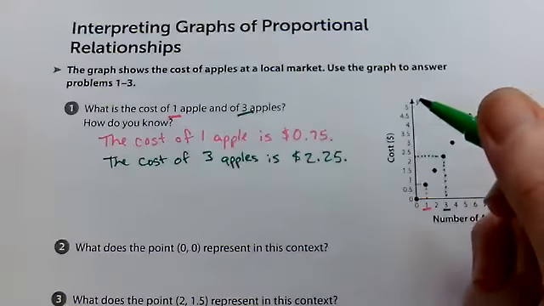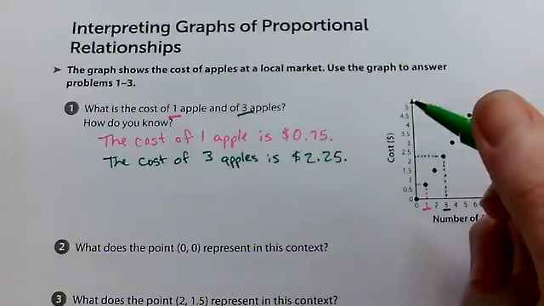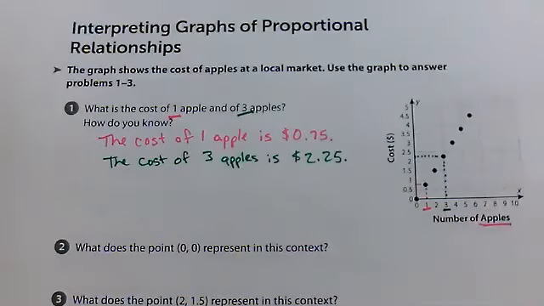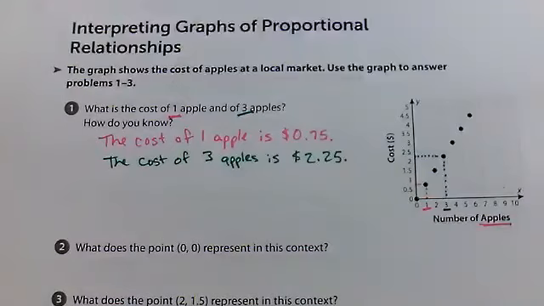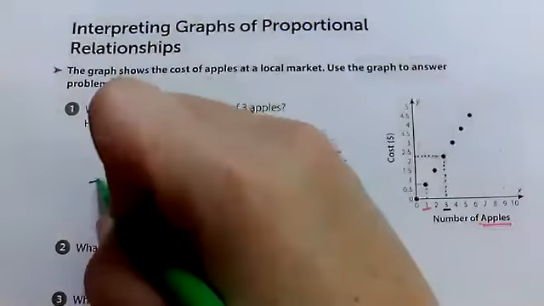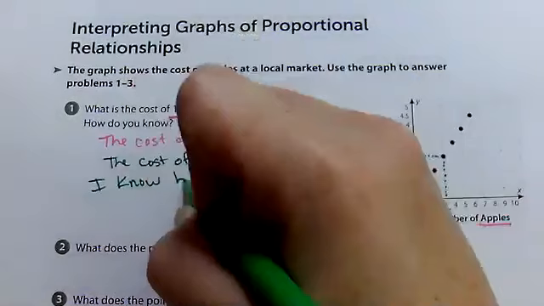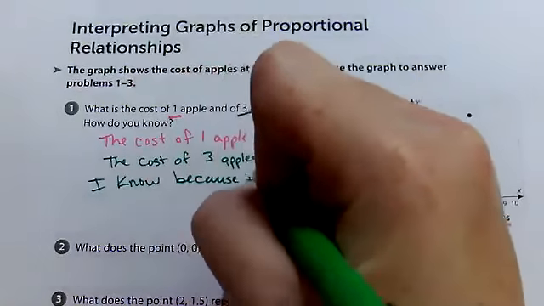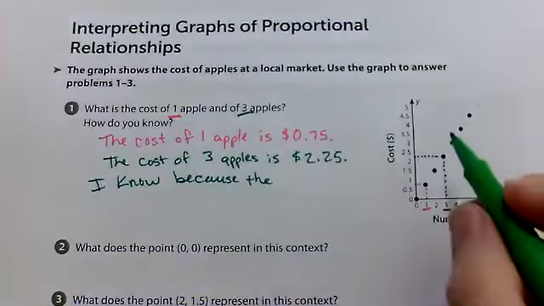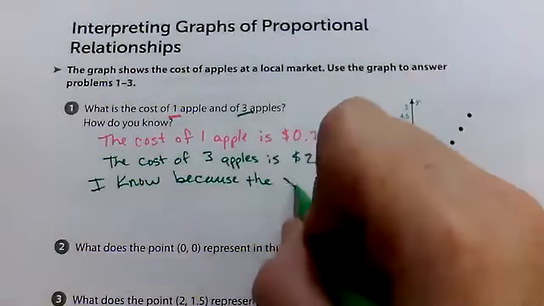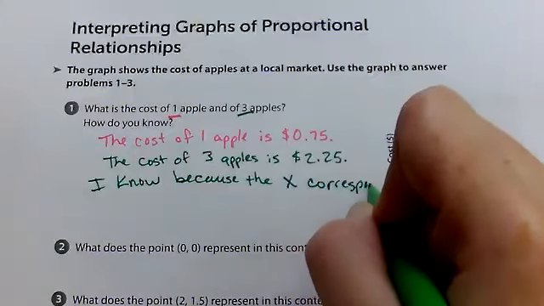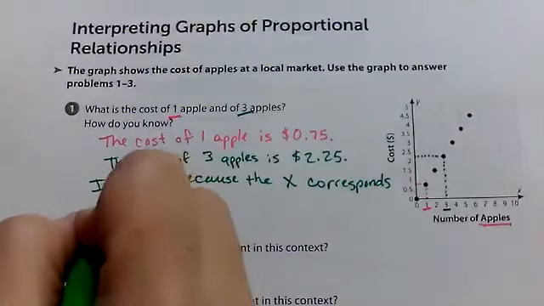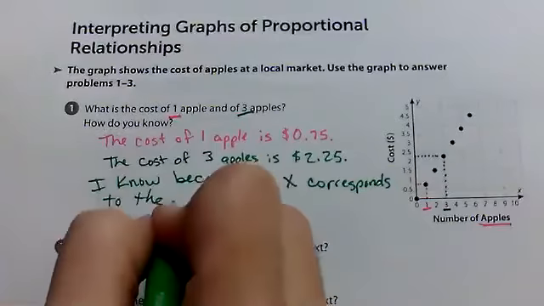How do you know? That's a good question. How do you know? Oh, Gage, I wish I could hear you because I see you talking away. I would say I know because the X corresponds to the y.